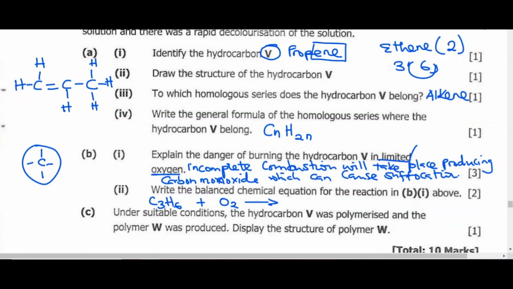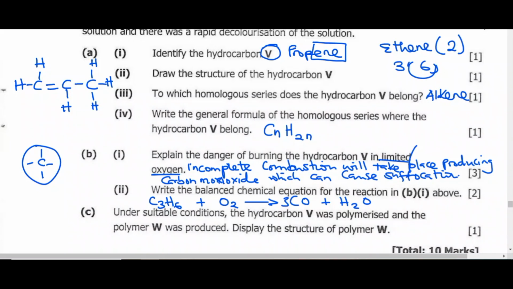Carbon monoxide will be produced plus H2O. In this case we have to balance. Here we have 3 carbons, here we have only 1, so we can put a 3 here, so that we have carbon 3 and carbon 3.